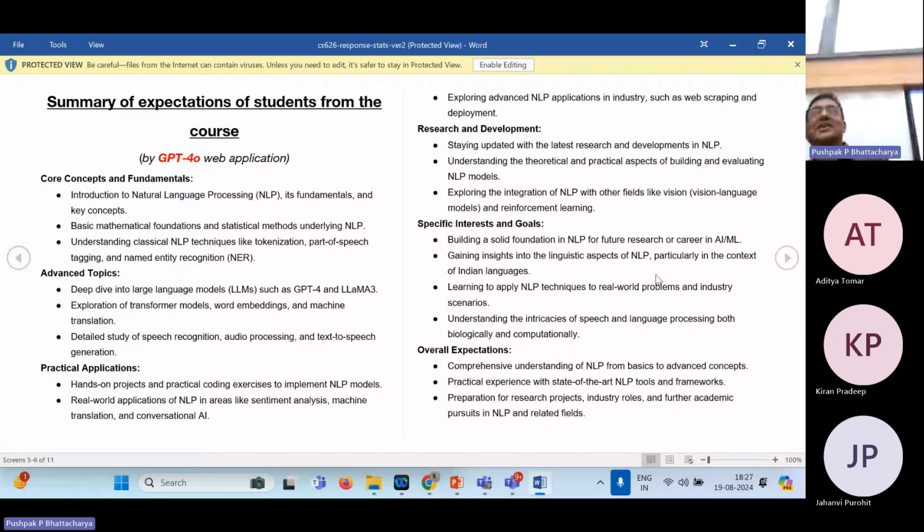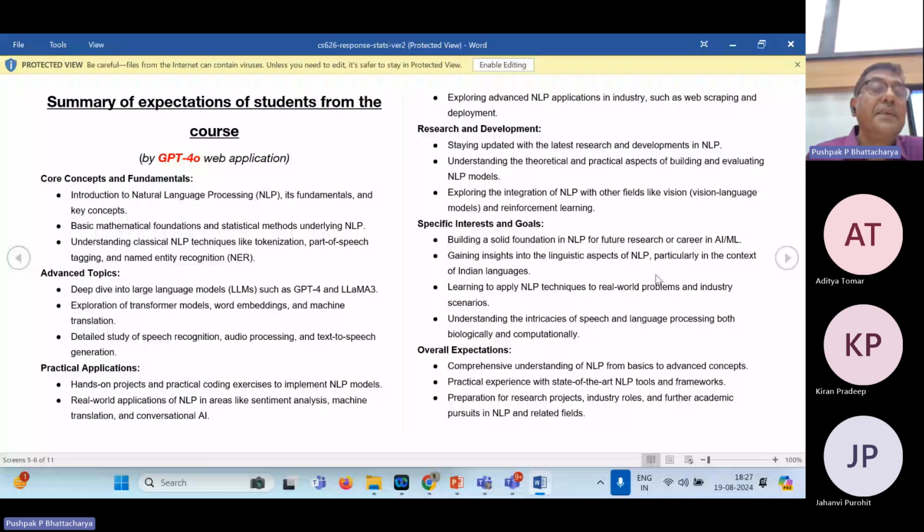And the processing was not done by human beings, but by the large language model, GPT-4o. So core concepts and fundamentals people wanted to know, and then there are subcategories. Advanced topics they wanted to know, practical applications, research and development, specific interest and overall expectations. And ChatGPT also gave details under each of these topics.